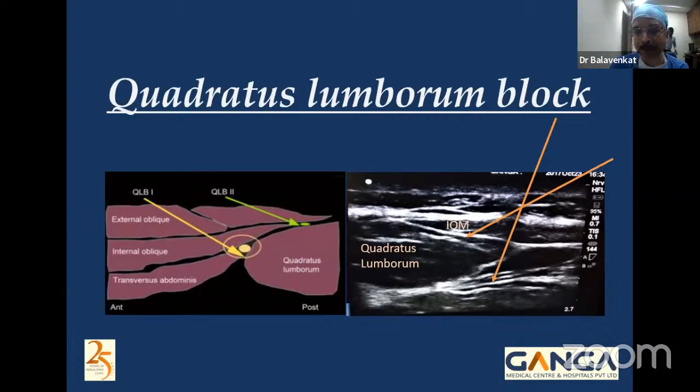If you want to do major abdominal surgeries, when you want to cover both the visceral and the somatic component together, with good pain relief bilaterally, it will be the QL block where you place the drug between the Quadratus lumborum and the psoas. So this is an excellent block to learn, an easy one and an excellent block that you need to administer.